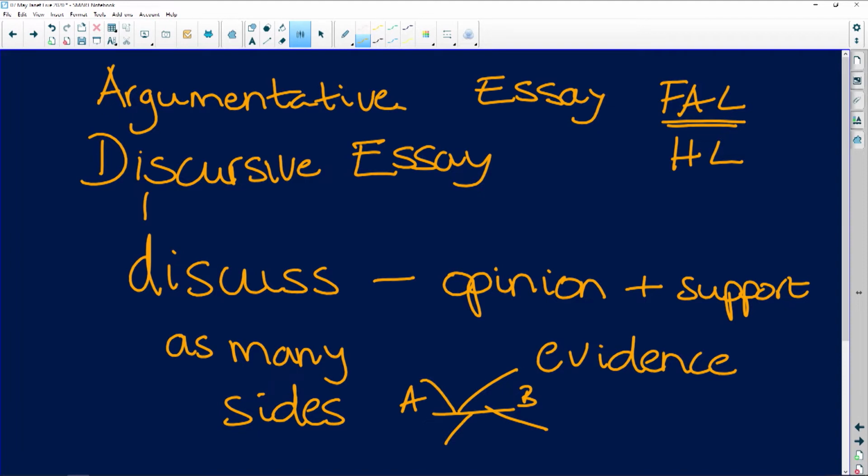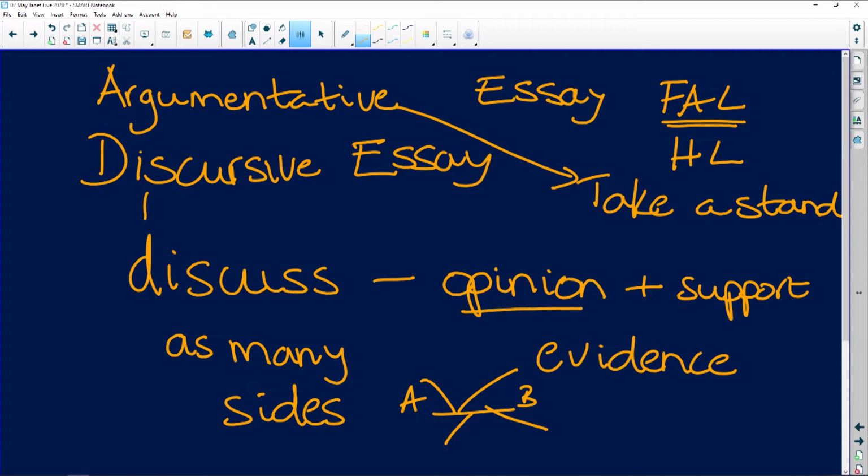Technically, an argumentative essay is one where you take a stand. You have a particular viewpoint and you are arguing and supporting that viewpoint. Once again, you're going to give an opinion plus the support and the evidence to support it.